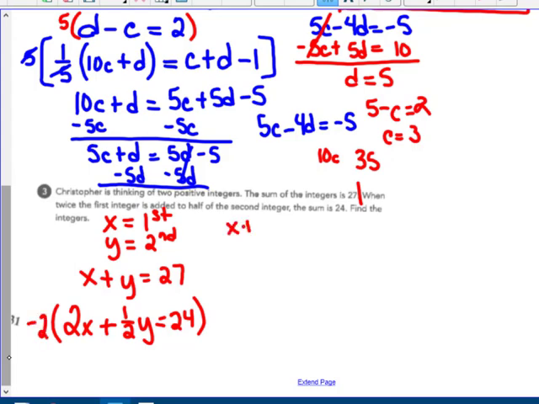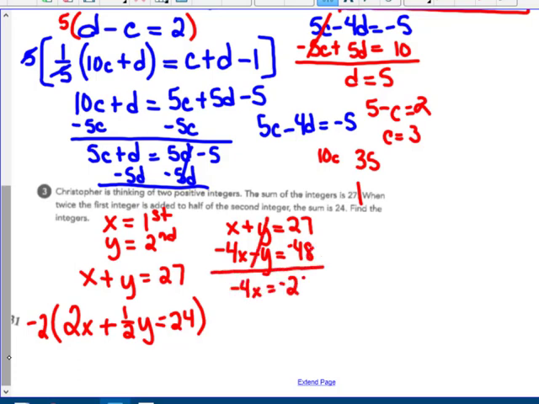So x plus y equals 27, that's remaining. -2 times 2x is -4x. -2 times a +1/2, well, 2/2 makes a whole, which is going to give me a -1y, or just -y, equals -48. -48 and +27. 48 take away 27 is going to give you -21.